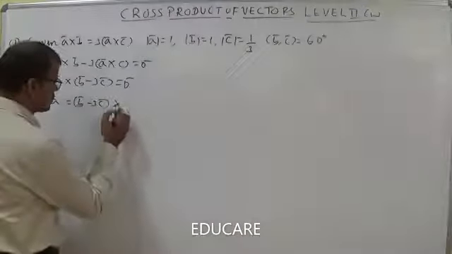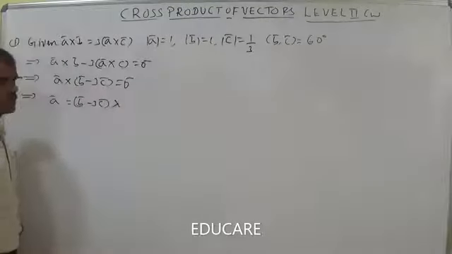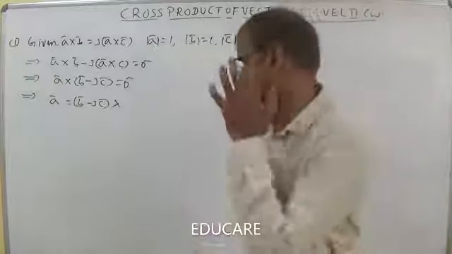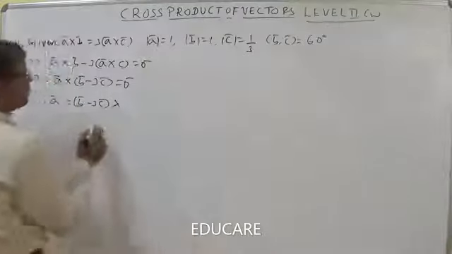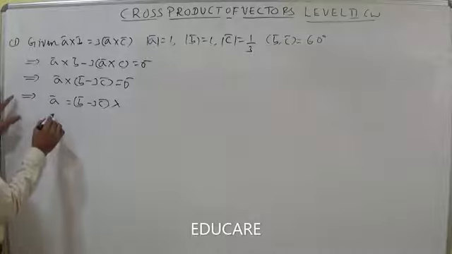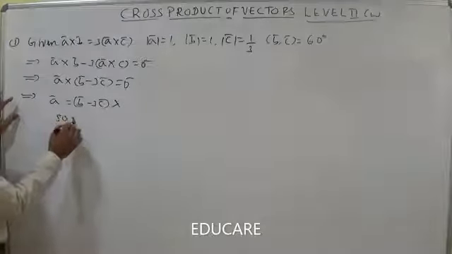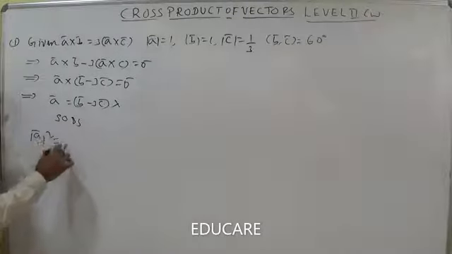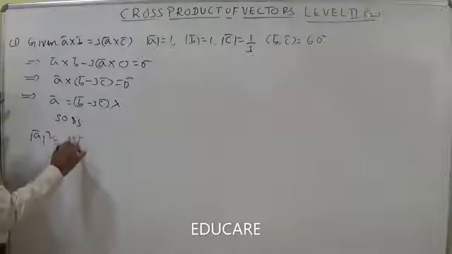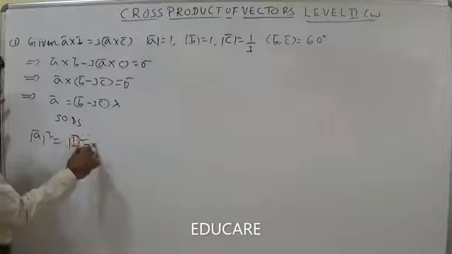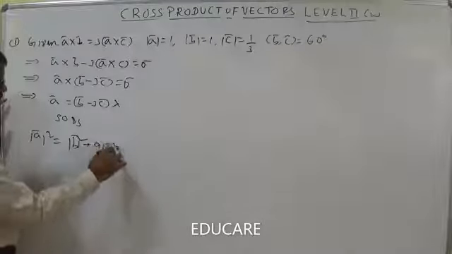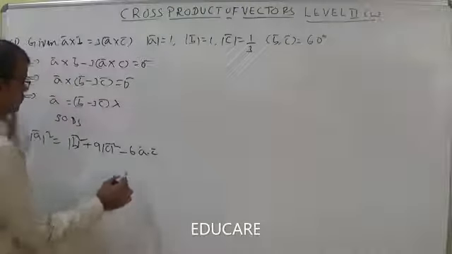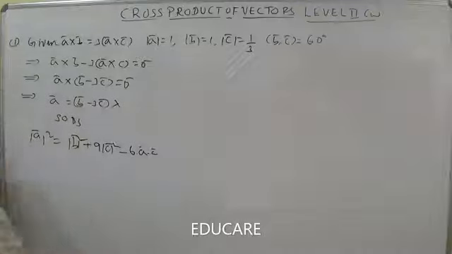Lambda is a scalar. If two vectors are parallel, one vector can be expressed as a scalar product of the other. So A bar is equal to (B bar minus 3C bar) into lambda. Squaring both sides, modulus of A bar square is equal to modulus of B bar square plus 9 into modulus of C bar square minus 6 B bar dot C bar.